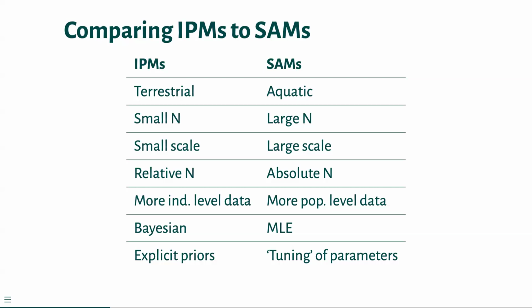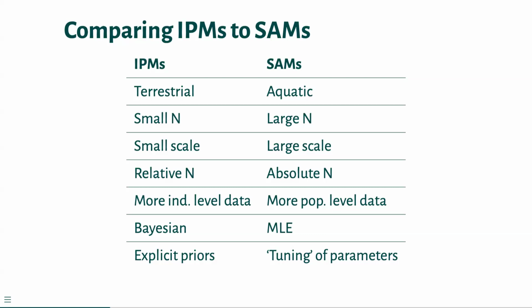They make use of more population-level data because it isn't possible to collect a lot of data on individual fish, for example. They usually fit the models using maximum likelihood estimation, and for parameters that can't be fit by the model, they do things like tuning to make the model work. So there are some similarities and some differences here.